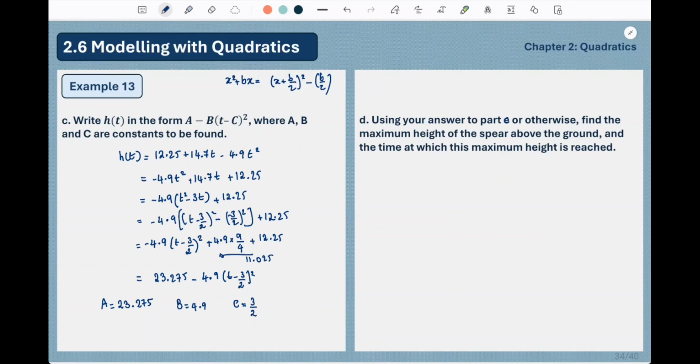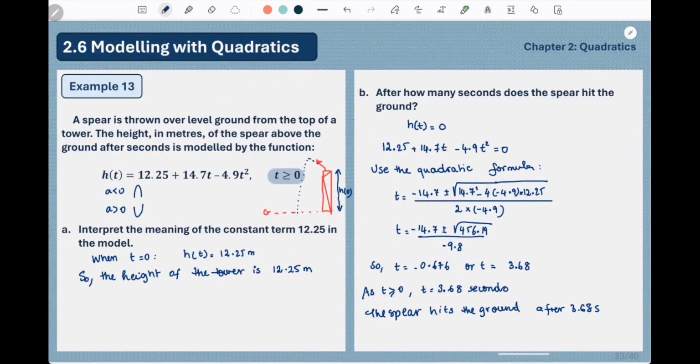For example, if we have (t minus p) squared plus q, then the maximum or the minimum, depending on whether the parabola has a maximum or a minimum, is (p, q). This is the turning point. So in our case, the turning point is the maximum.